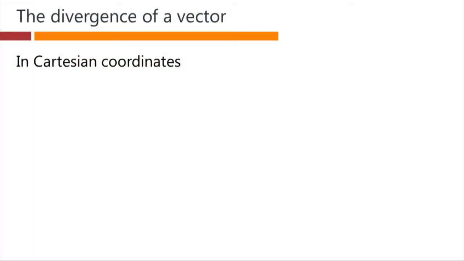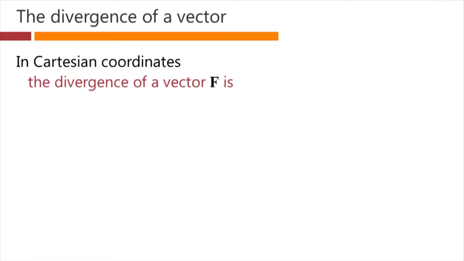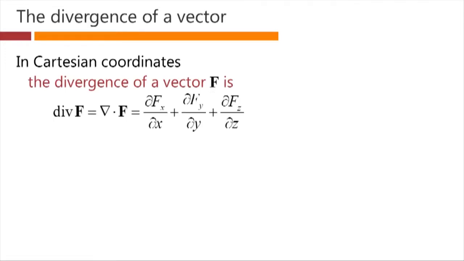In Cartesian coordinates, the divergence of a vector f is written like this, sometimes div of f. Actually, I won't use that notation, but this del dot f, and this is like the gradient operator here, but a vector dot product into the vector f.